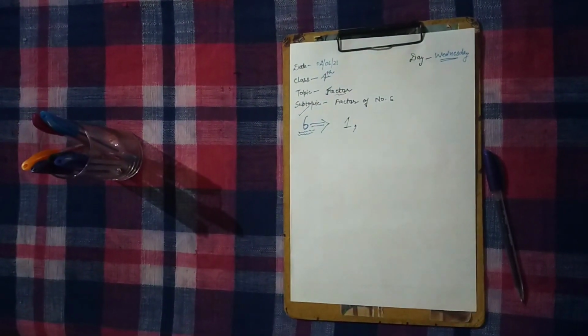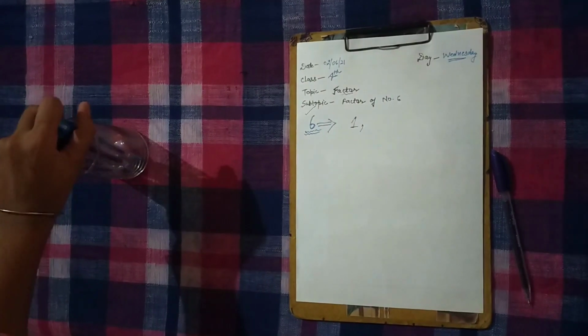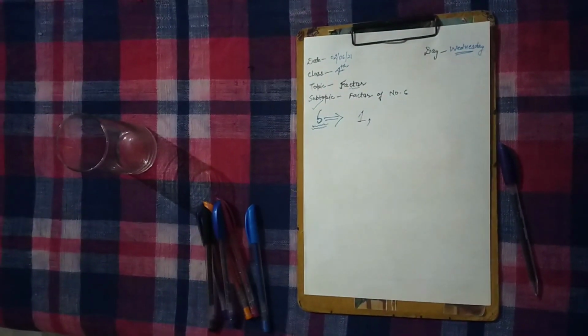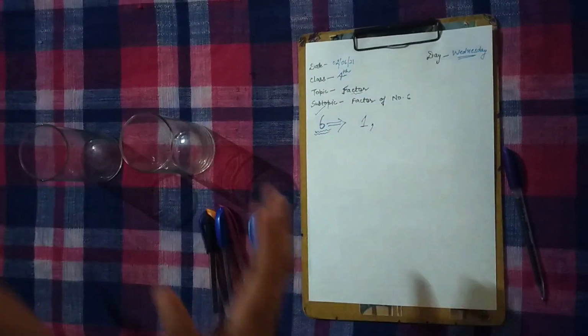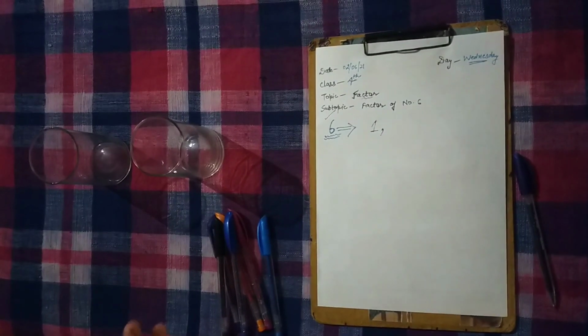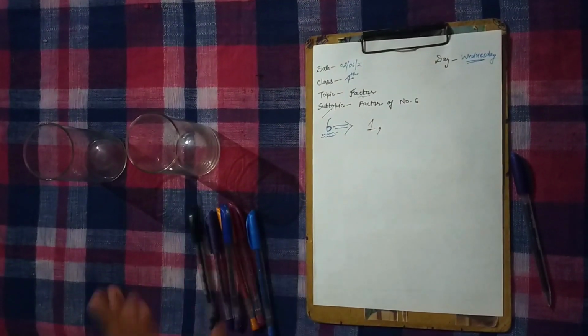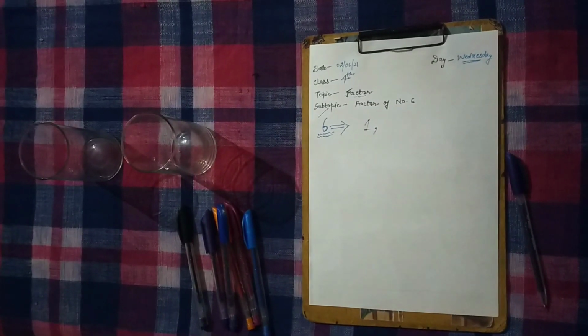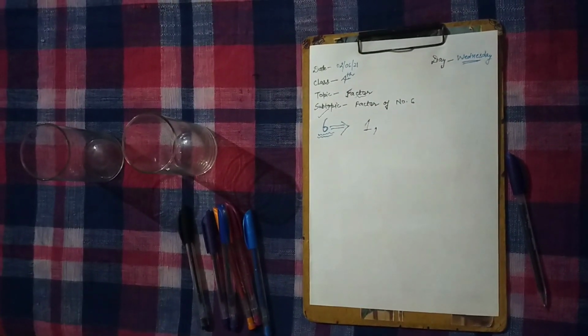Now our second step is we will take two glasses. What is our work? We have to divide all these pens into two equal parts, into these two glasses.